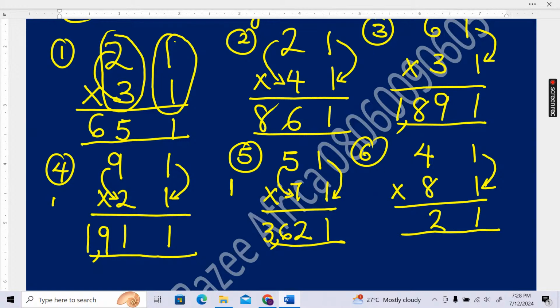Write 2, carry 1 over. Then 4 times 8 is 32. 32 plus the 1 that was carried is 33. Write down 33. So 41 times 81 is equal to 3,321. Thank you for typing that in the comment section.